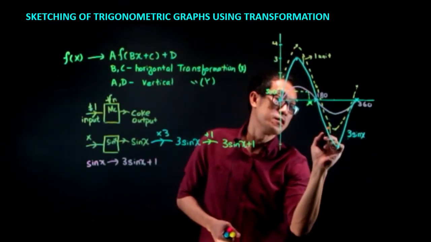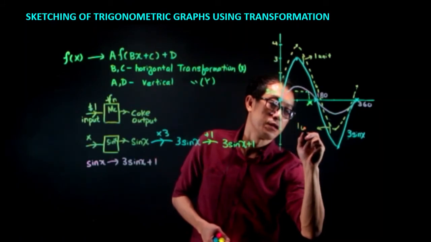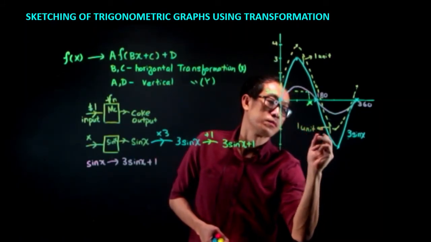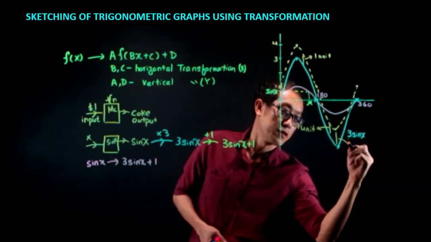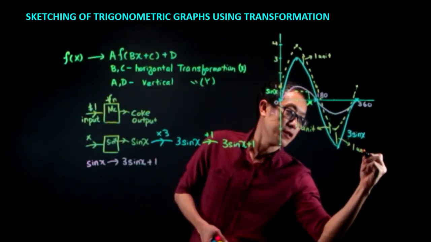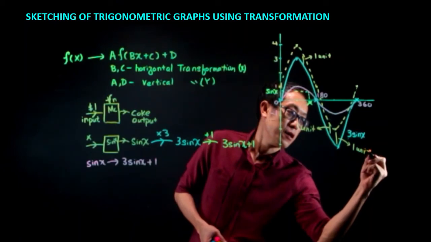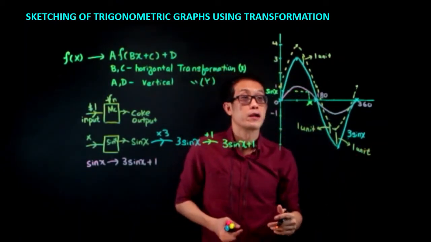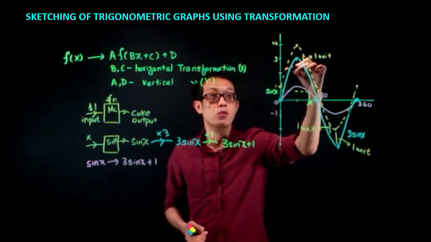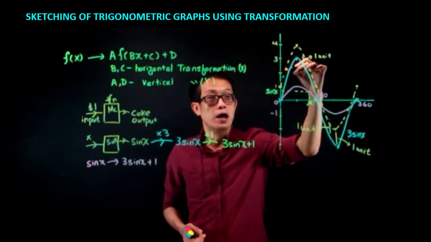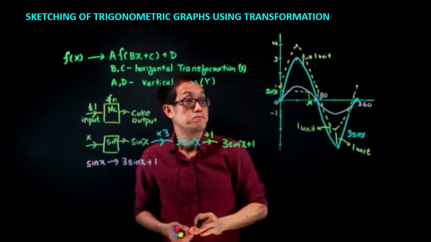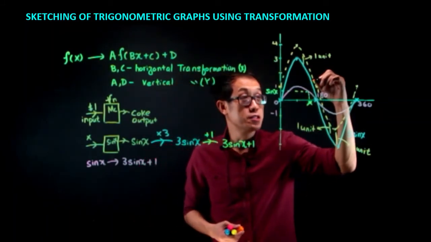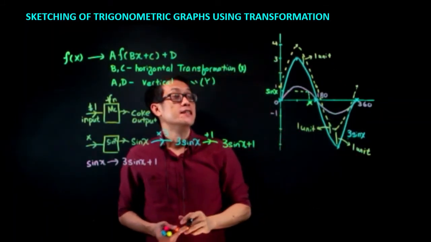This distance is 1 unit, and this is also 1, 1 unit, because it's being pushed up by 1. So the distance between the blue and the yellow, or the orange and the blue, is 1.